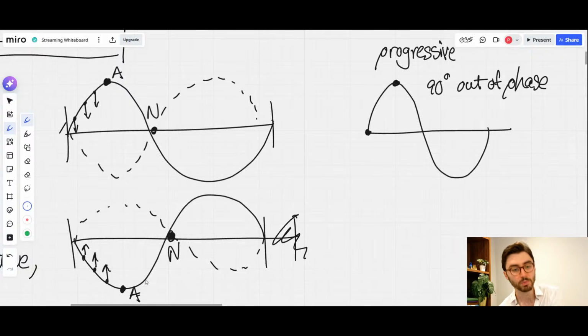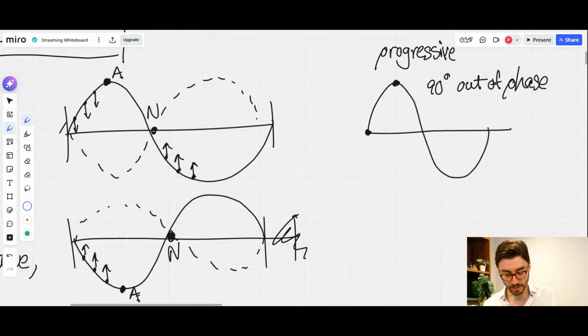So all of these points between two nodes are in phase with each other, and they are completely out of phase with every point on the opposite side of a node. So all of these points here are at minimum displacement and are about to move upwards. So they're all in phase with each other and all out of phase with all the points on the other side of a node.